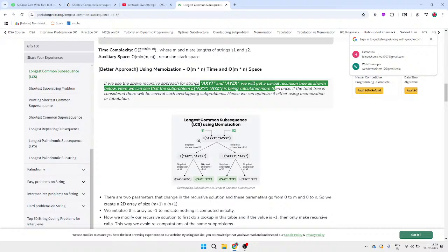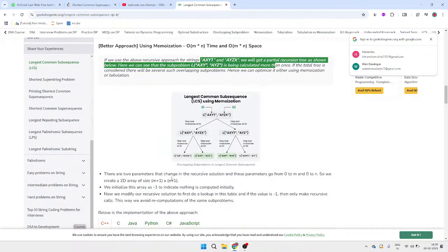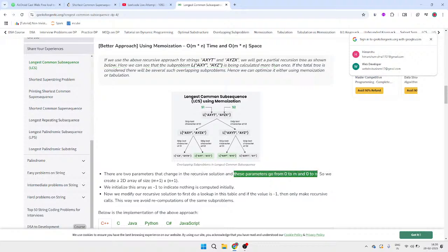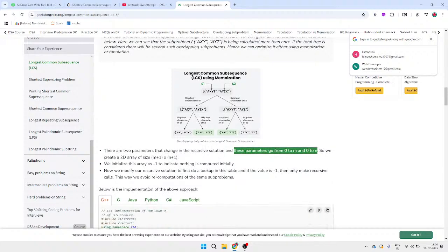Here what they do is basically they define the boundaries, right? The parameters go from 0 to m and 0 to n. There are two parameters because I was thinking of a similar way, but there were four parameters: start of the string, end of the string, start of the string, end of the string. A 2D array of size this.